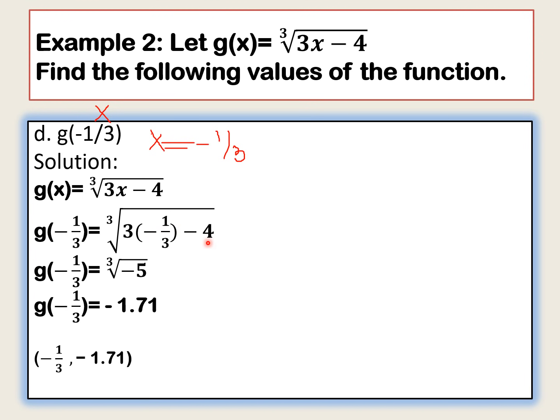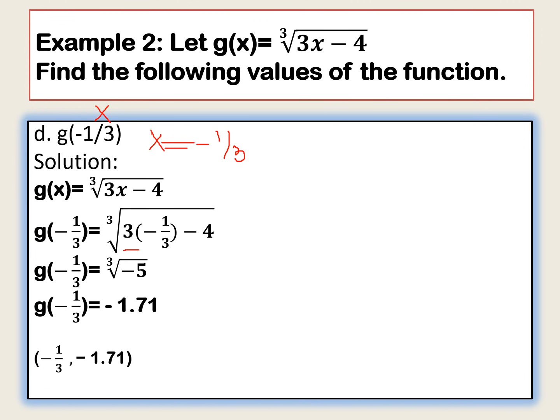Okay, let us simplify. Now, syempre, unahin natin dito lahat ng nasa loob ng mismong symbol na to. Okay, so g of negative 1/3 equals cube root of 3 multiplied by negative 1/3.